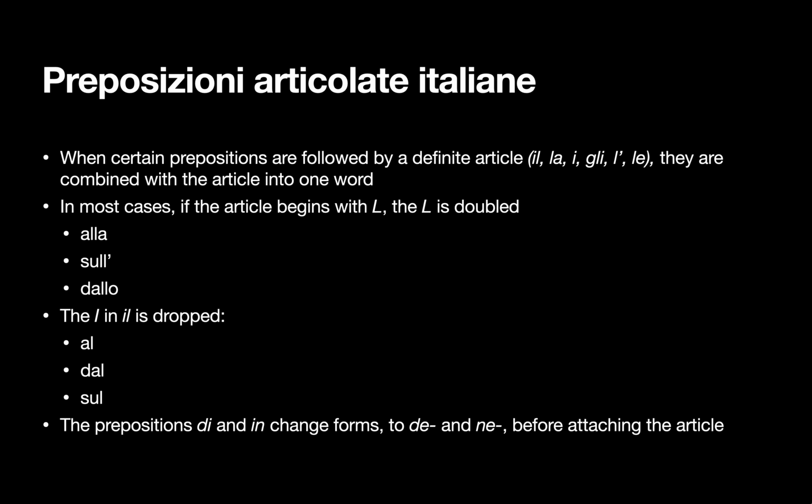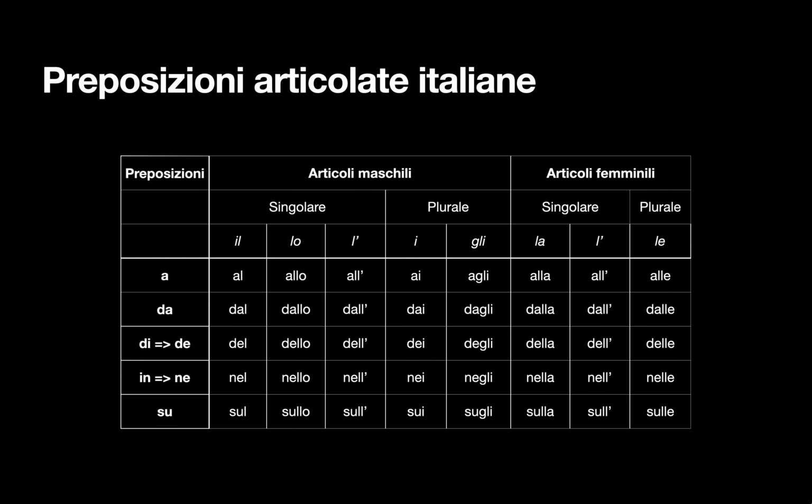So 2 prepositions, di and in, actually change forms before the article gets attached. So di becomes de and in becomes ne. So here's the table that shows all of the preposizioni articolate.